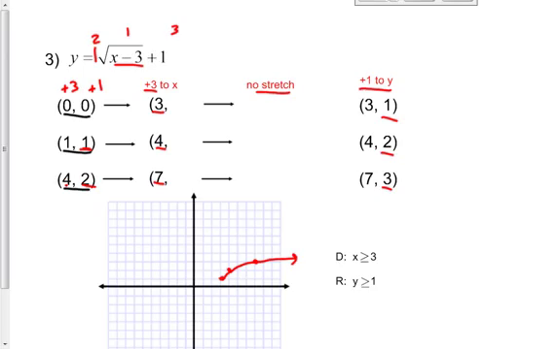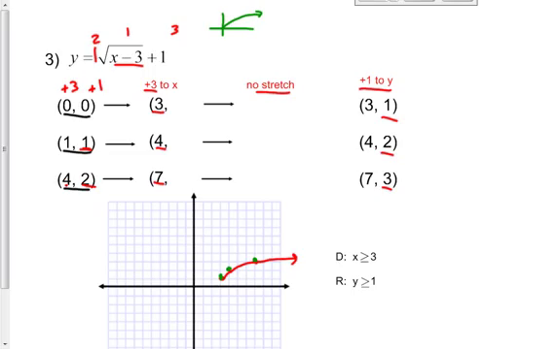I can go to my graph and I can plot them. (3, 1) puts us right here. (4, 2) is this dot, and (7, 3) was this dot. And then remember, the square root graph is this shape, that little half arc, that's now been shifted. So I can make that shape, and then I do domain and range.